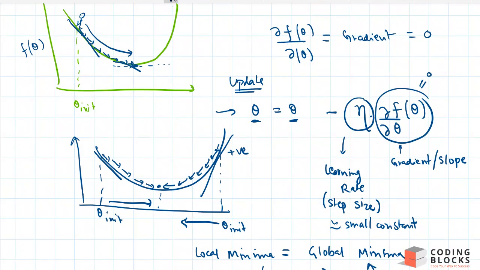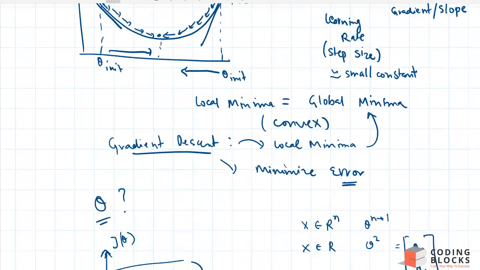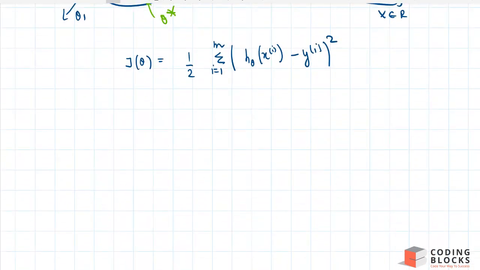So we want to compute ∂J(θ)/∂θ. Now I do not know which theta it is, right? There are two thetas, one is θ0 and one is θ1.